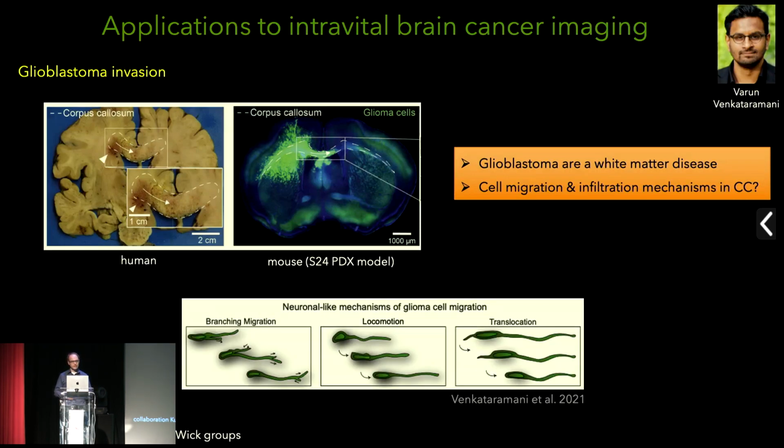But first of all, we realized that if we wanted to do cell migration imaging deep inside the brain, we need a very stable, very robust microscope. We also realized that very often the labeling of these glioblastoma cells is much lower, so the fluorescence signal is much smaller than with the previous lines that we have been using.